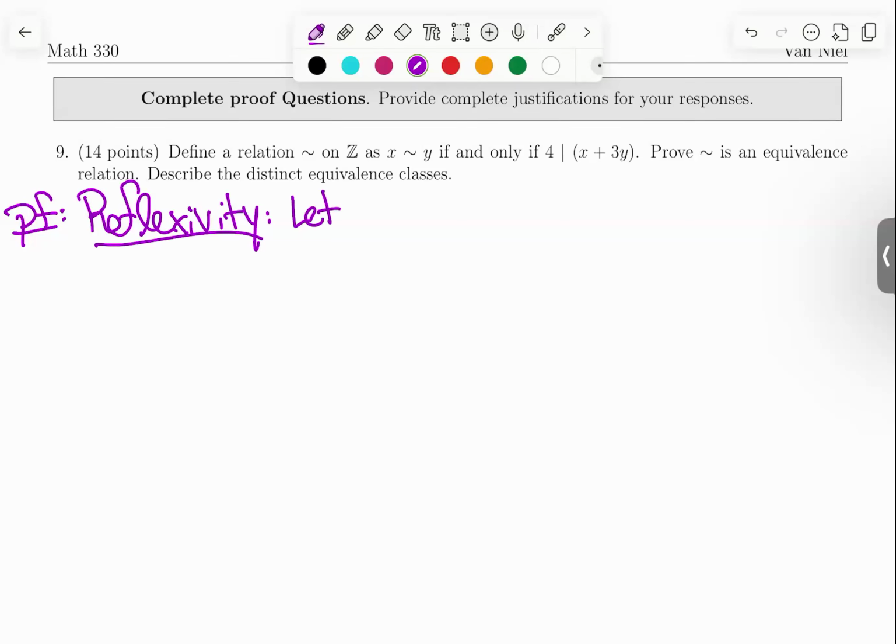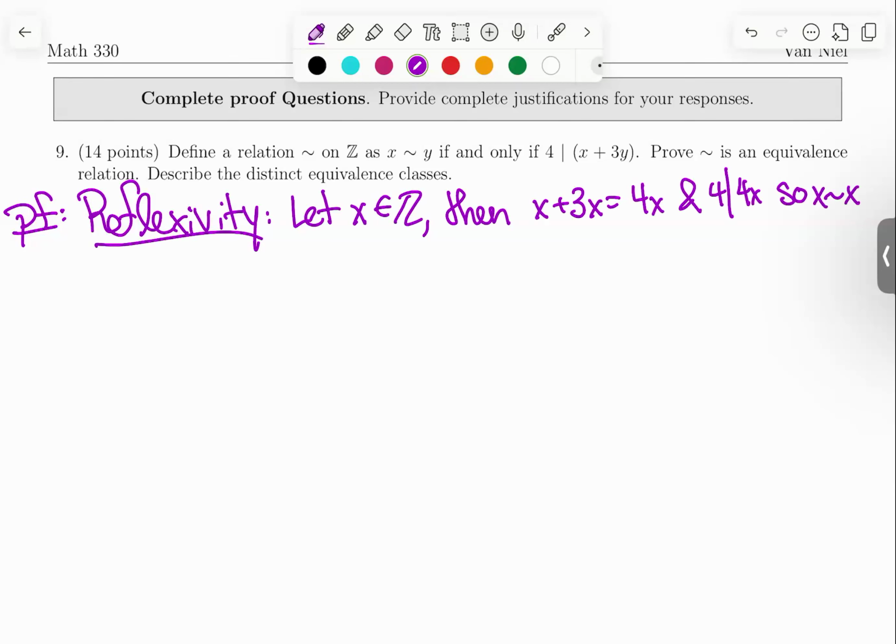Let x be some integer. Then x plus 3x equals 4x. And 4 divides 4x, kind of by definition, because x is an integer. So x twiddles itself for all integers x. Yay. Okay, symmetry.